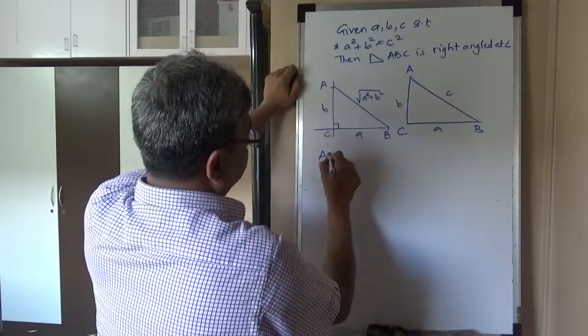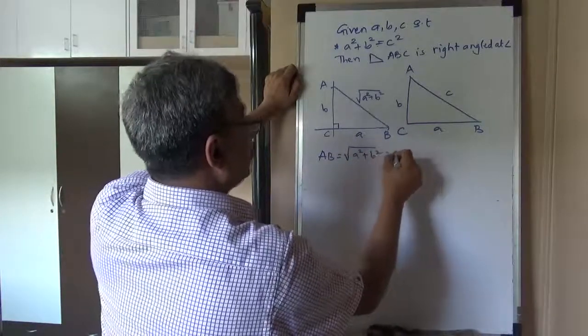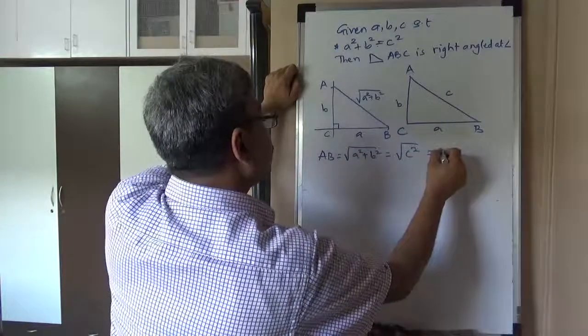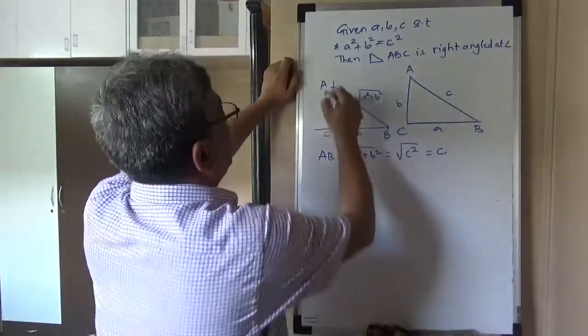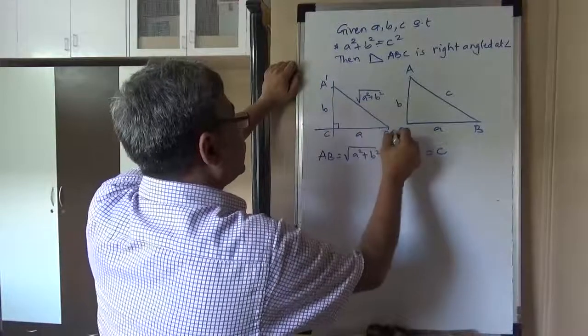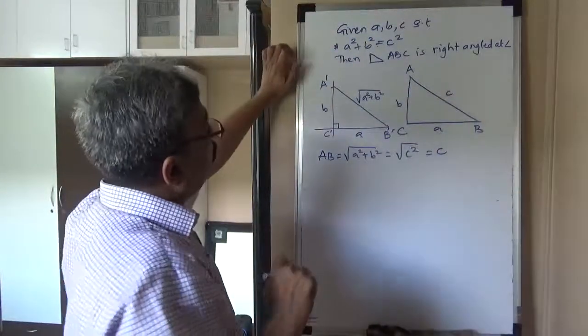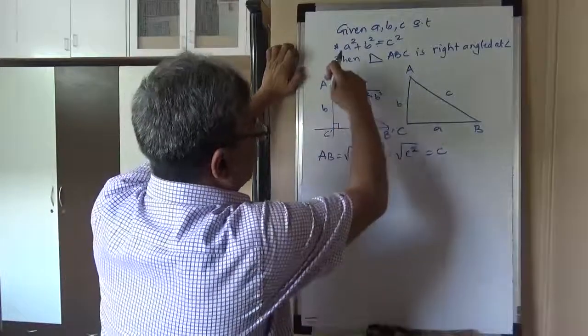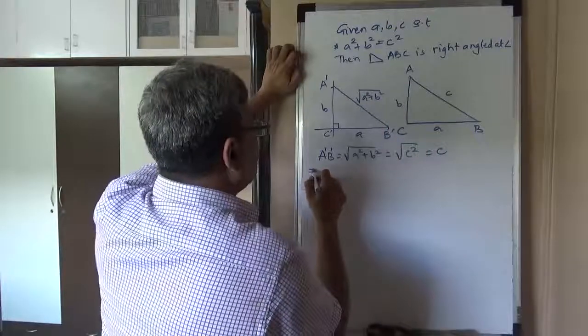So AB is equal to radical a square plus b square, which is equal to radical c square, which is equal to c. Therefore in this diagram, let us call this A dash B dash C dash, because we have constructed a new triangle, this was given ABC. Now in triangle A dash B dash C dash, side A dash B dash is also equal to c.